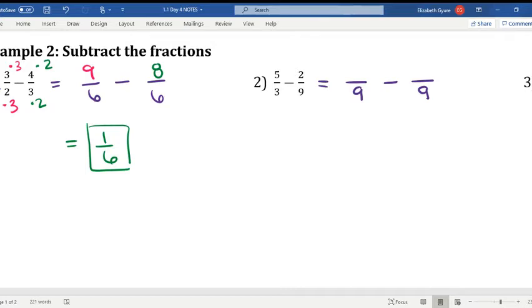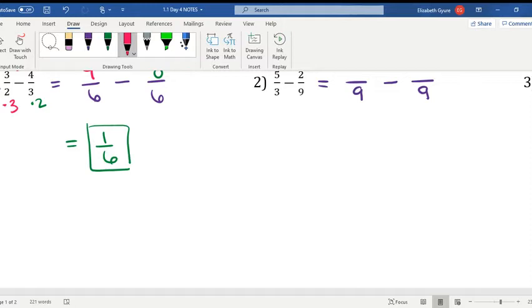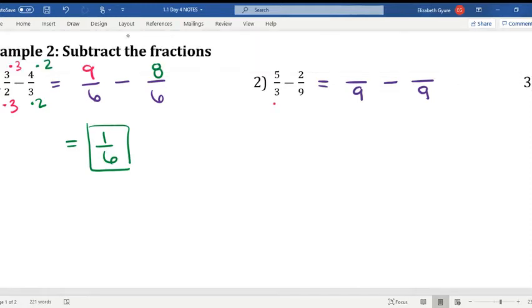Lynn, what do we have to multiply that first fraction by to make it have a denominator of 9? 3. So multiply the top and bottom by 3, and the numerator should now be what, Lynn? 15. Very good. And then we got our 2/9. Asia, do we have to do anything with that fraction?